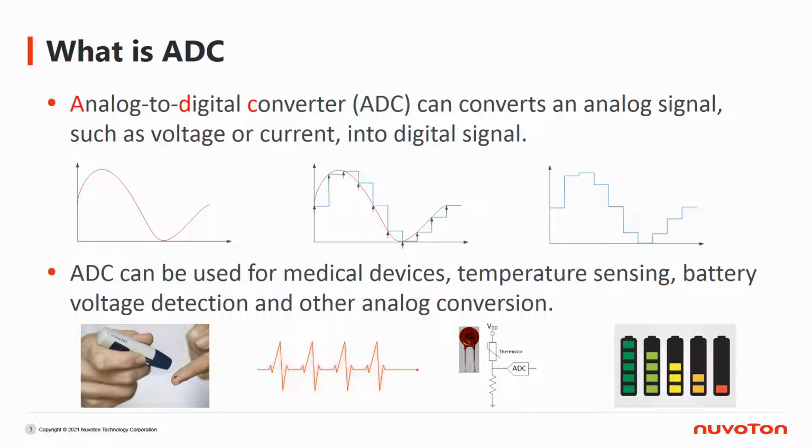Compare the first graph and the third graph. You may notice that if you sample it more frequently, the resulting digital signal will be closer to the original analog signal. If you sample it less frequently, the resulting digital signal may be distorted. Therefore, the frequency to sample is very important when we are doing analog to digital conversion.